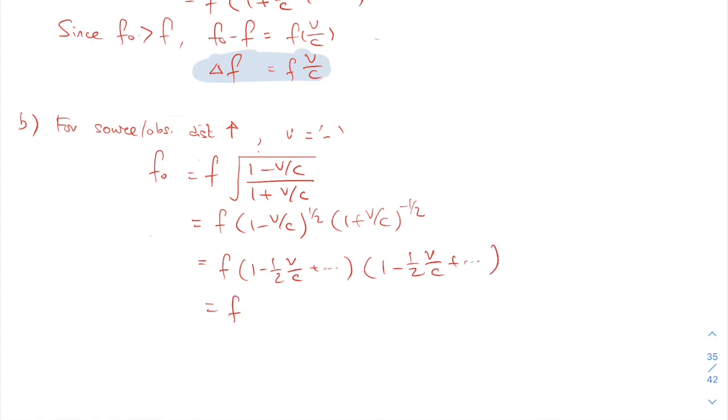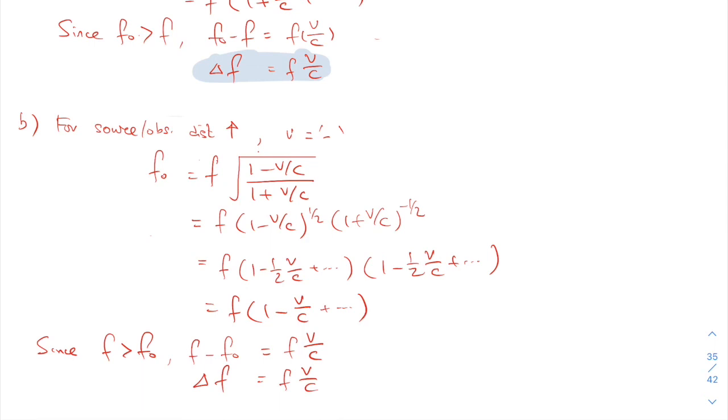And I expand further, I get this expression. So since in this case f is larger than f naught, I bring f naught across, and I get f minus f naught is equal to fv over c, and therefore the change in frequency is fv over c.